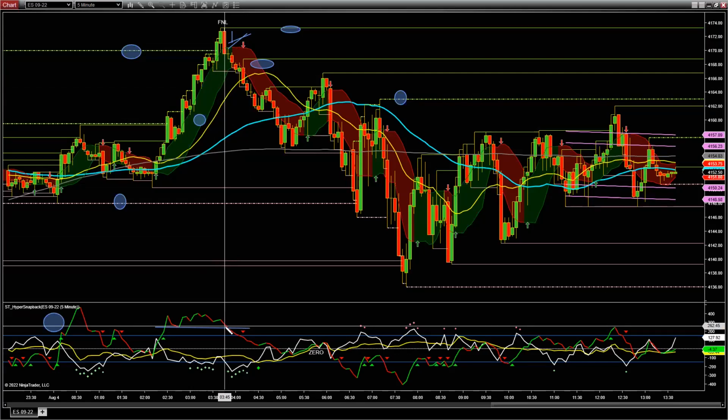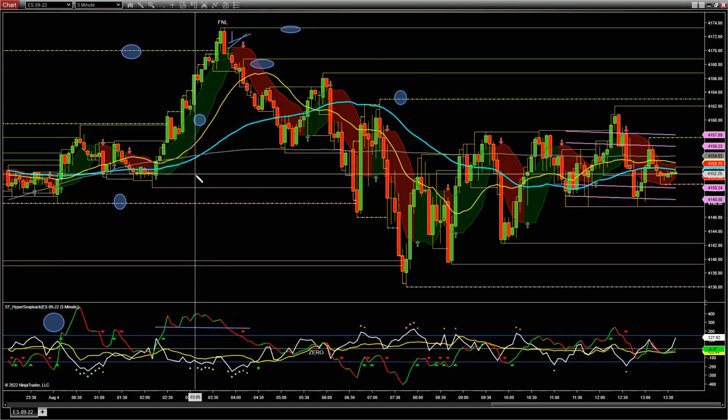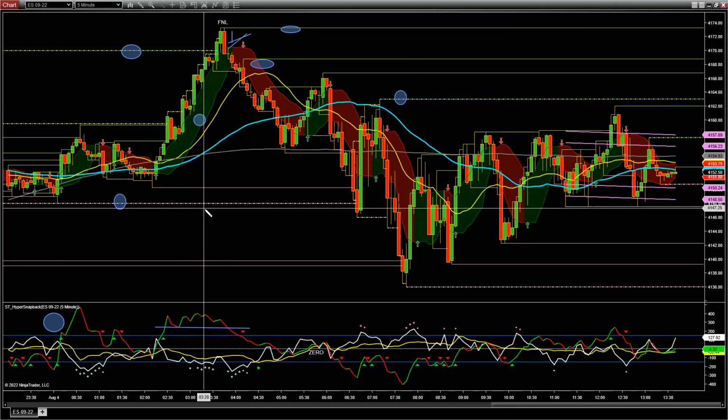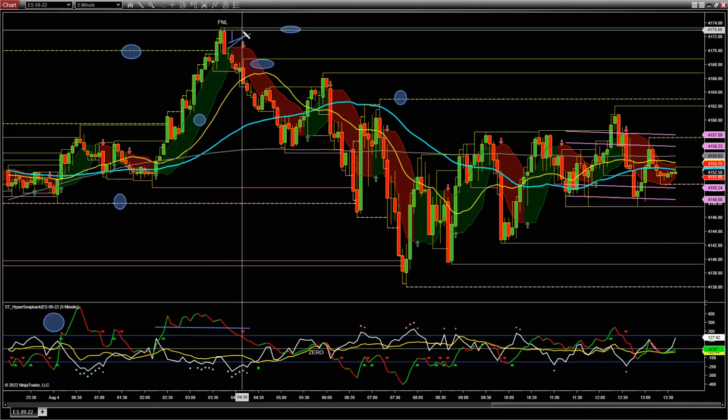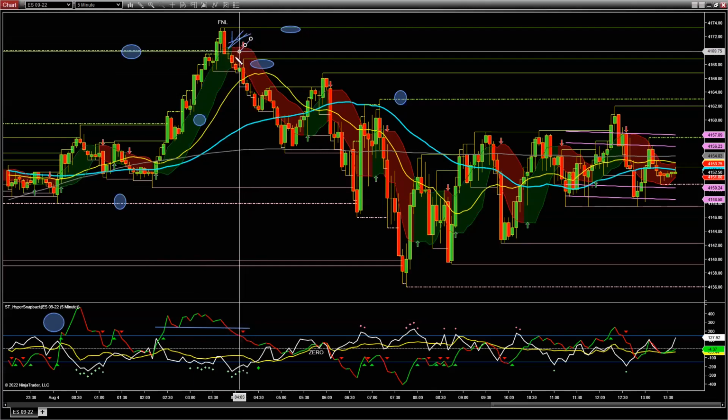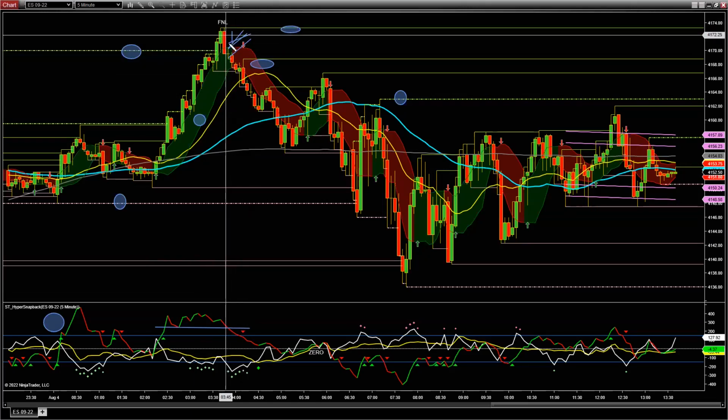So there's a potential that the market may not go higher. And as we see on the next bar and the next bar, it's failing.